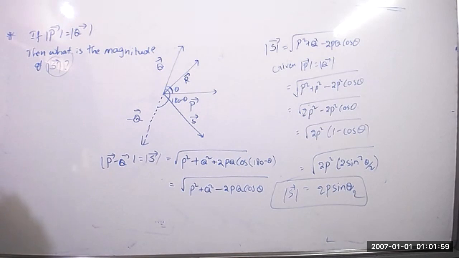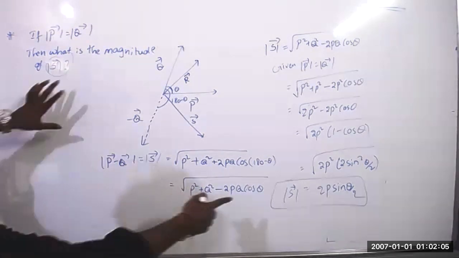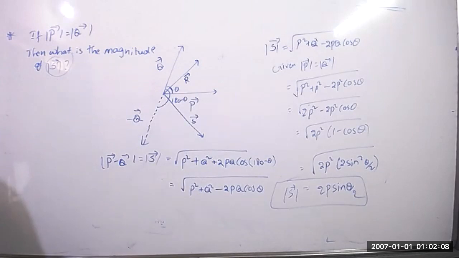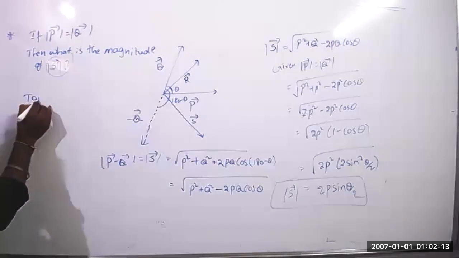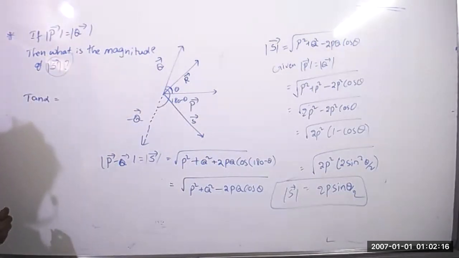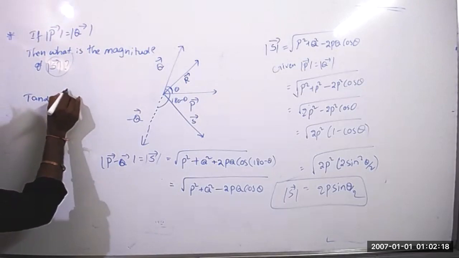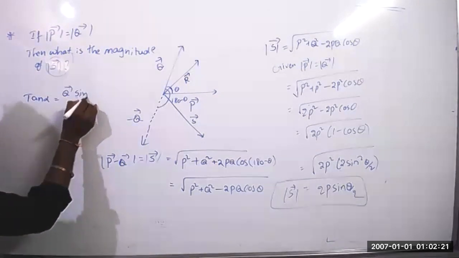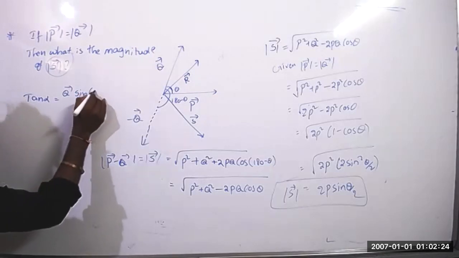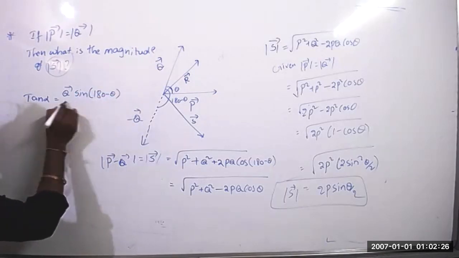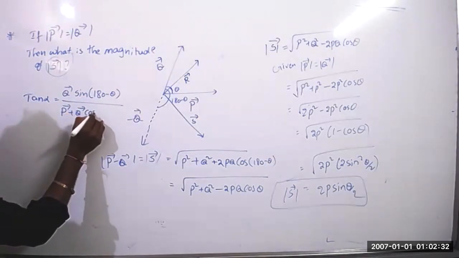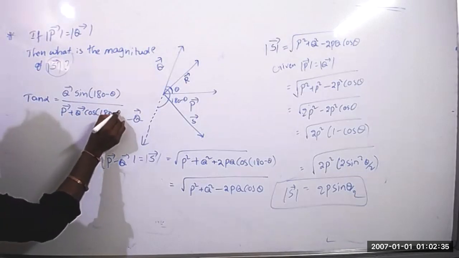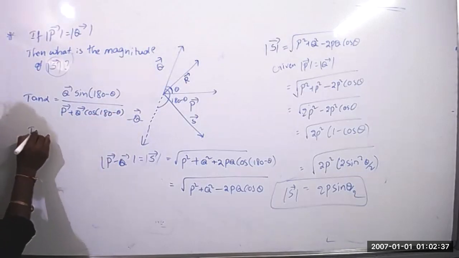Is it clear, everyone? Yes, sir. We got the magnitude, but we want the direction also, right? Tan alpha is equal to Q bar sin of 180 minus theta by P bar plus Q bar cos of 180 minus theta.